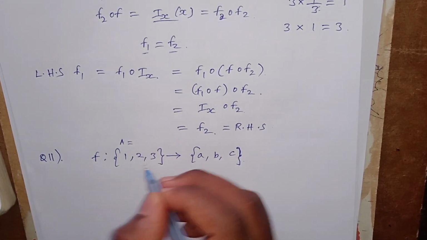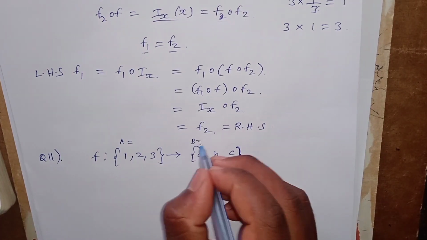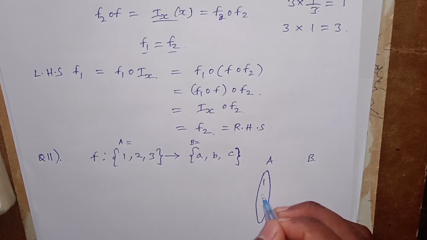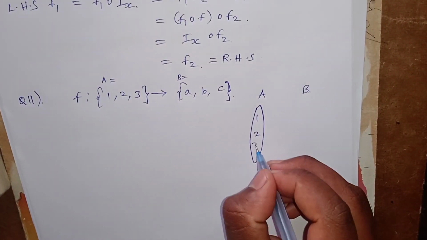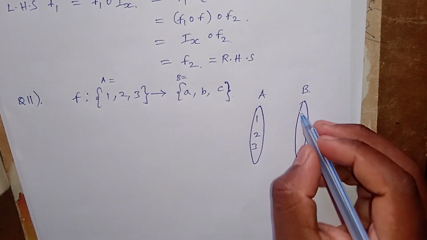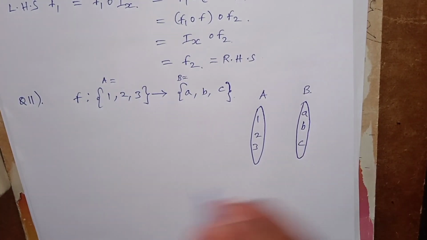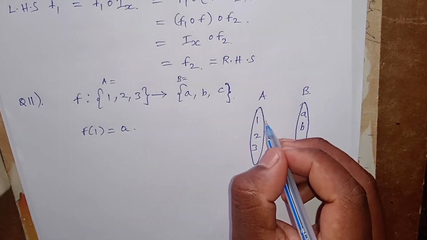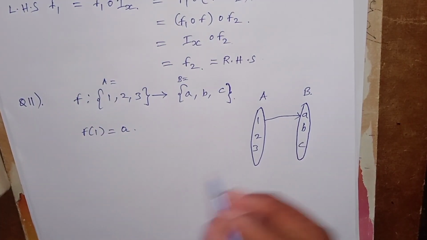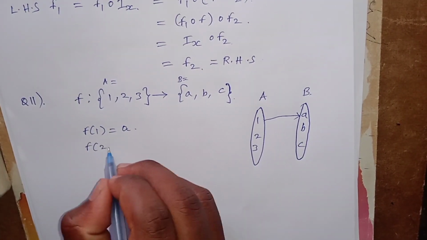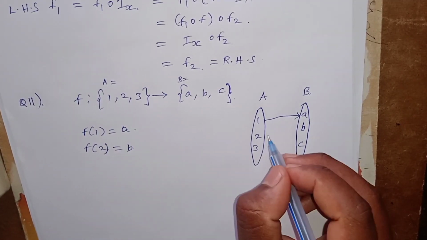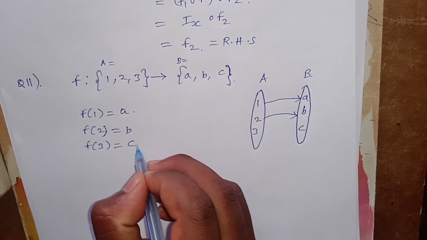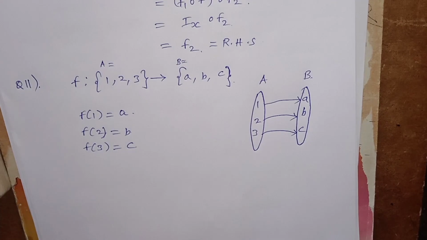Here this is my set A, here my set B, therefore I am taking 1, 2, 3 and a, b, c. f of 1 is nothing but a, so 1 is related to a. f of 2 is nothing but b, 2 is related to b. f of 3 is nothing but c, 3 is related to c.